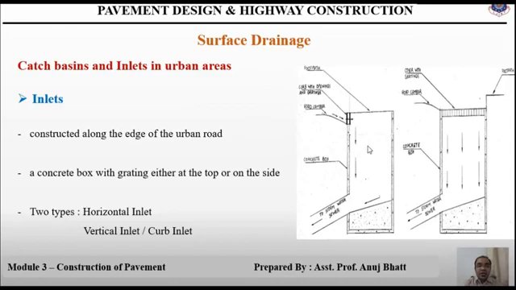It also allows water to come in, and here the gratings are provided at the opening so that debris can be restricted over here also. And this storm water inlet is to be connected with the sewer line, so this water will directly go to the sewer line. So this is the function of inlets and catch basins. So this is all about the surface drainage.